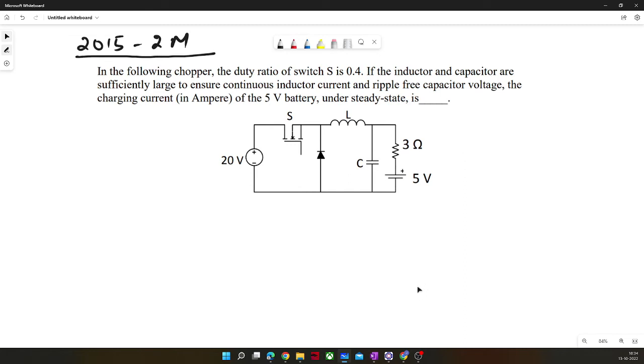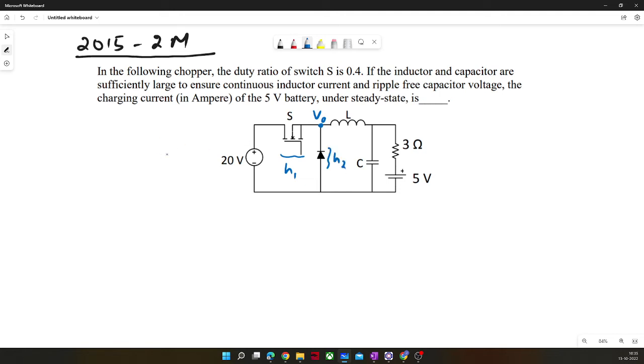So that V naught, when I was asking in that circuit, is nothing but this V naught. And H1 is nothing but the switching function of this switch S, and H2 is nothing but the switching function of this diode, right?